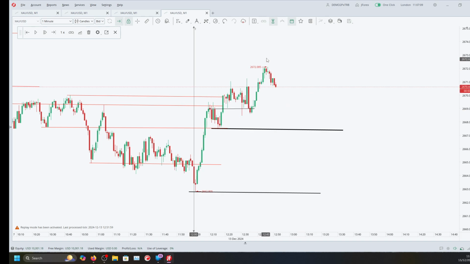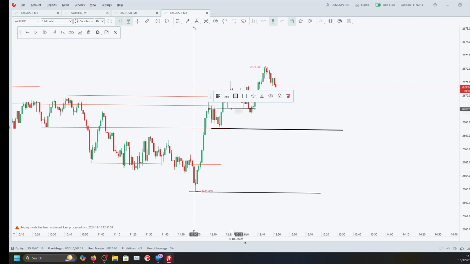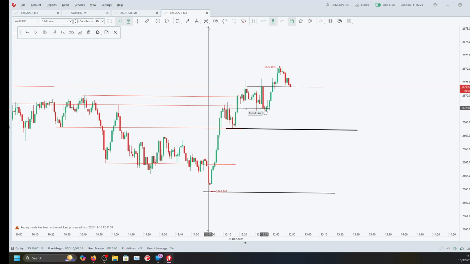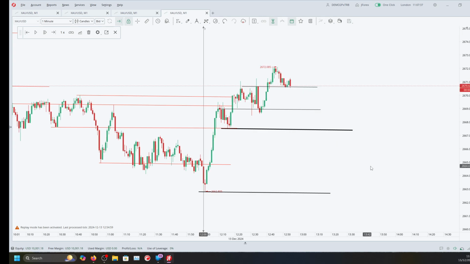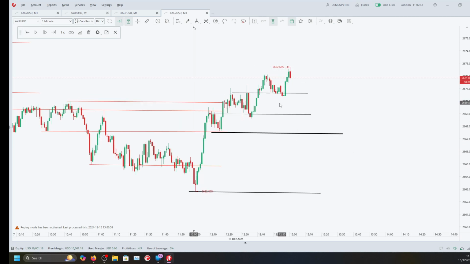So now we've pushed higher. If price is going to continue higher, I'd anticipate coming back in here and then pushing higher again, which is, you know, it just gets into this zone and then we start making another high.